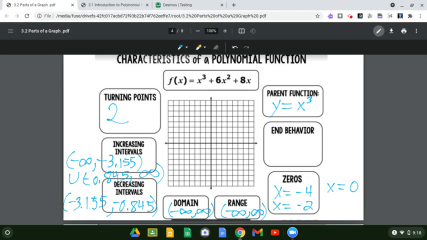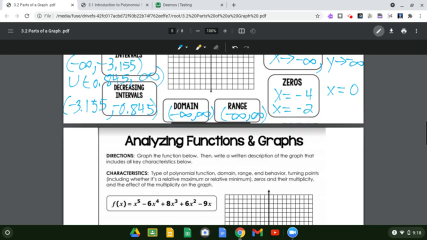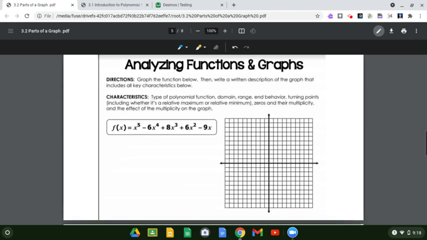So my statements: as x approaches positive infinity, y approaches positive infinity. As x approaches negative infinity, y approaches negative infinity. That is what the end behavior is doing at the ends of the graph. I could sketch it, but we see it in Desmos, so I'm just going to keep going.